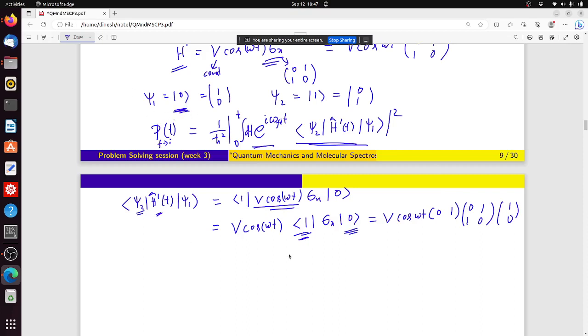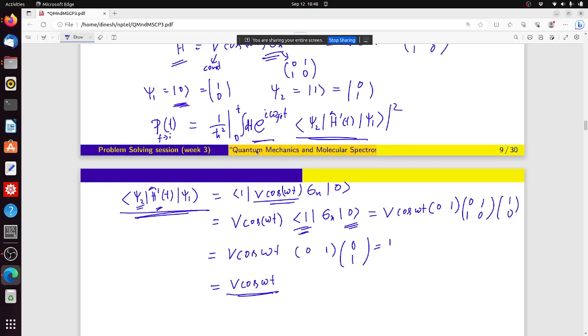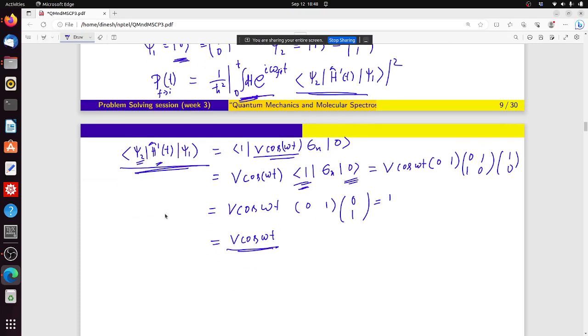Now some simple matrix multiplication: 0 1 times the first column gives me 1. So effectively I am getting V cos omega t. Then I have just one simple integration, and finally I will get the answer.